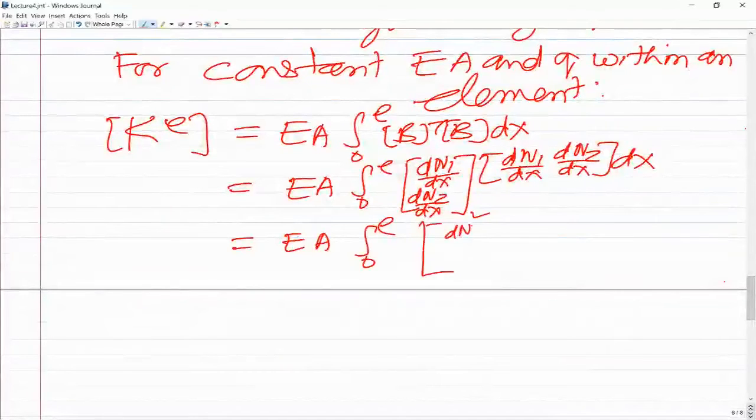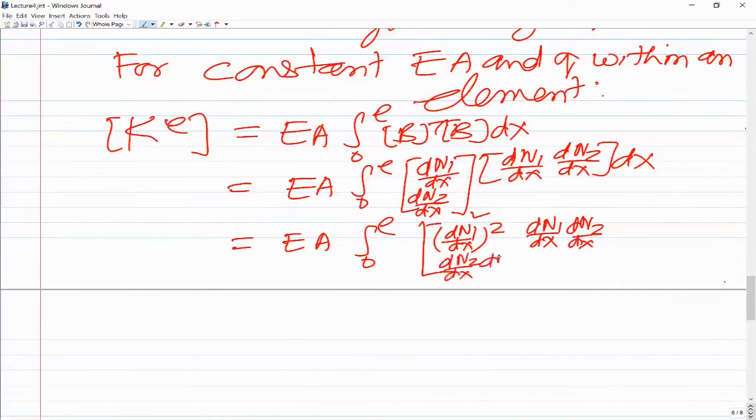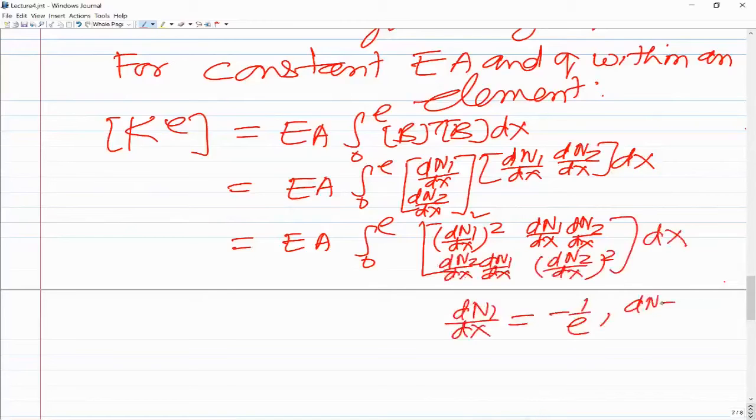So we will have dN1 by dx whole square, and then dN1 by dx into dN2 by dx, and then dN2 by dx into dN1 by dx, and dN2 by dx whole square into dx. So we already know that N1 is 1 minus x by L. So dN1 by dx will become minus 1 upon L, and N2 is x by L, so its derivative with respect to x will become 1 by L.